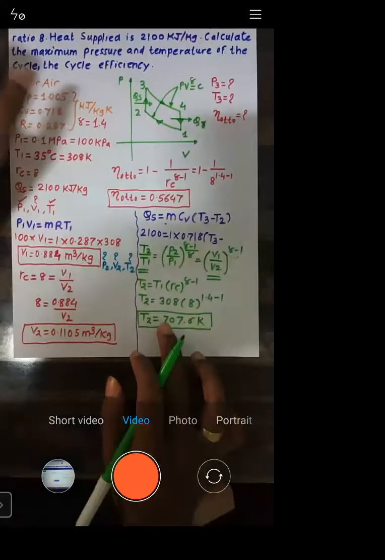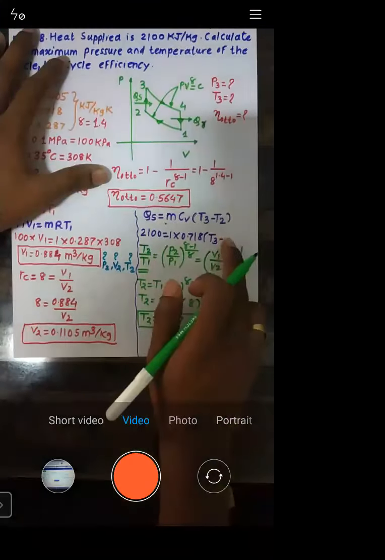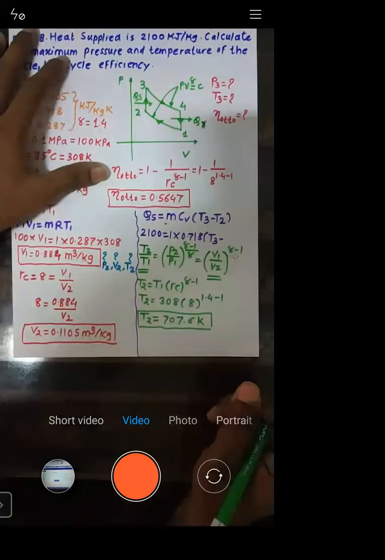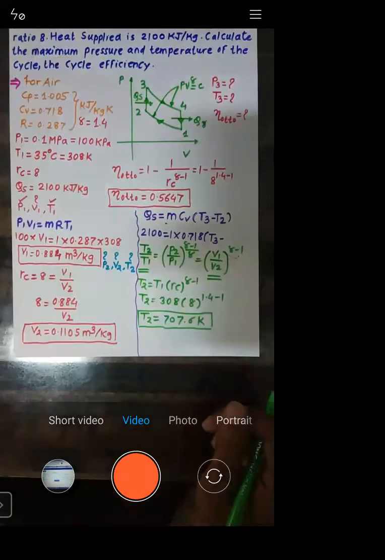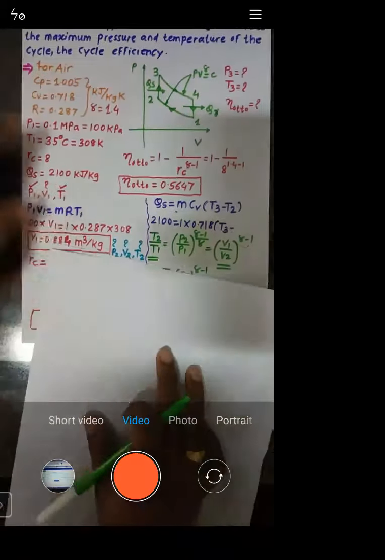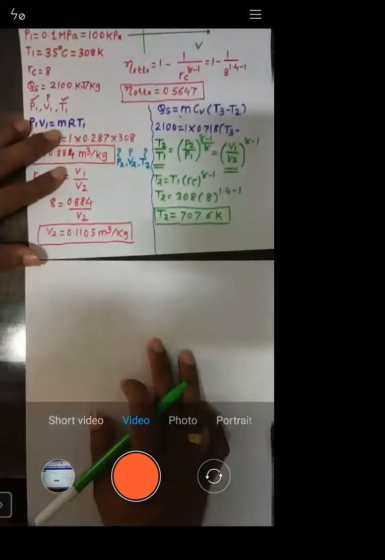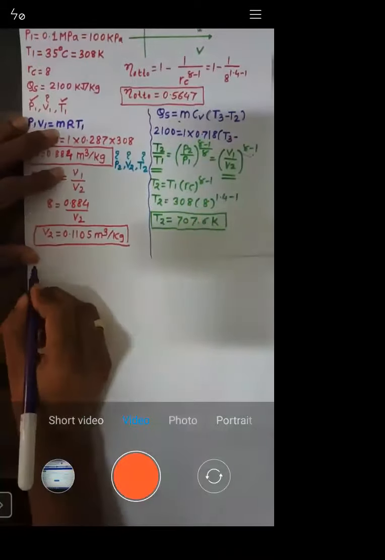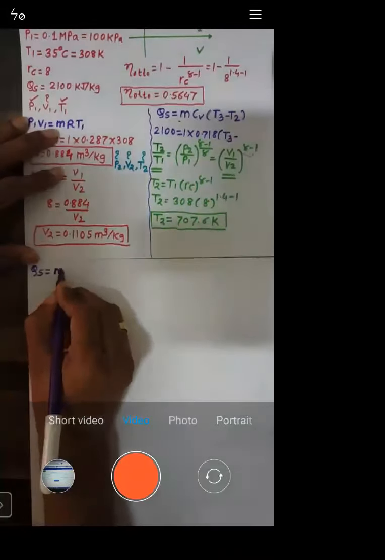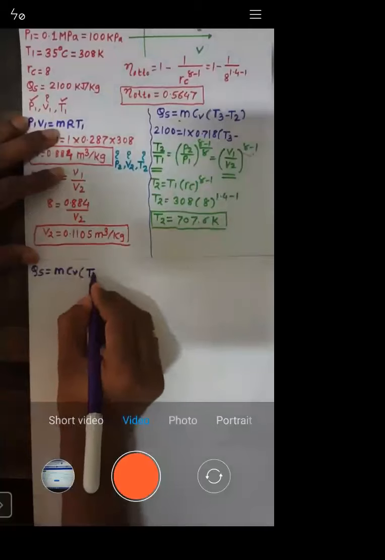Now we have T2, and we can put it here to get the value of T3. I will rewrite it again. QS, the amount of heat supplied, is given by M into CV into T3 minus T2.